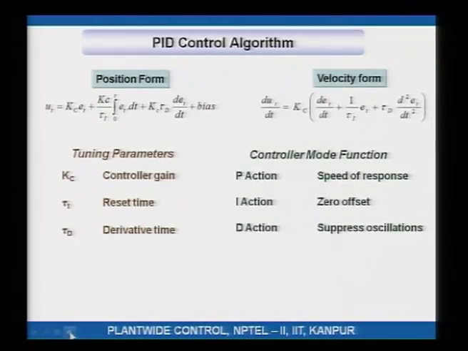Now, what is the purpose? I just explained to you that integral action results in 0 offset. The purpose of P action, the proportional action, if you look at the velocity form, is that the rate of change of controller output is proportional to the rate of change of error.